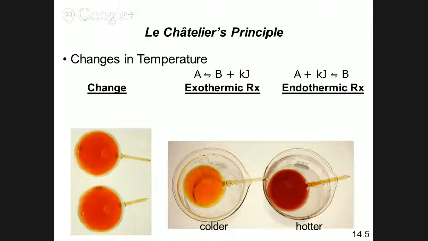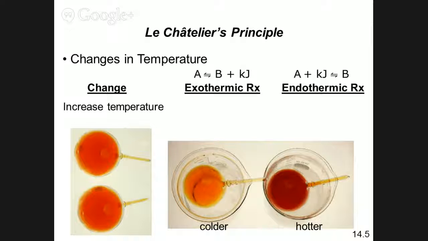Well, it turns out that if I have a change in temperature, like I change the temperature of the room in which the reaction is taking place, Le Chatelier says we want to counteract that change. So for instance, let's say that I increase the temperature. If I raise the temperature, what the reaction wants to do is counteract that by lowering the temperature a little bit. Can't counteract it altogether.